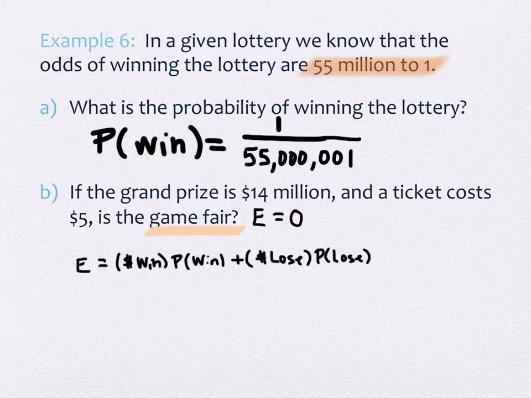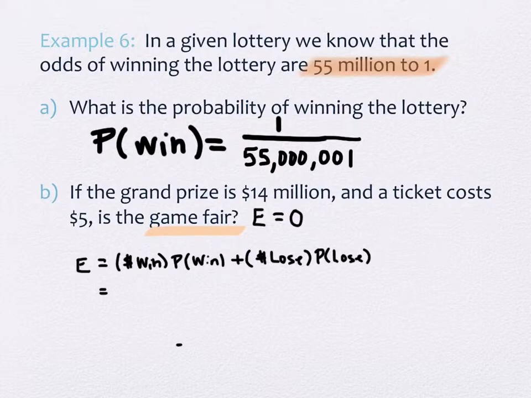All right, so if you win, how much do you win? Is that 55 million? Nope, not 55 million, but 14 million. You may win $14 million, almost. Taxes, that's a very good thought, but not what I was thinking. Minus your $5 that you paid to play.